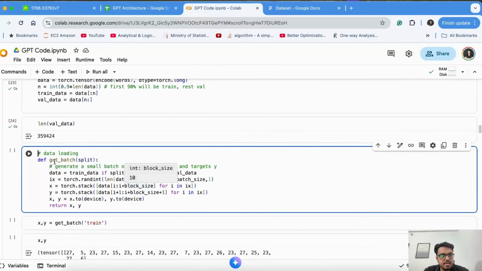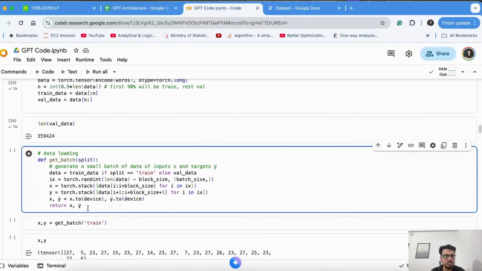Now I define a get batch function, which creates trainable X and Y, which is basically my input and target token sets.